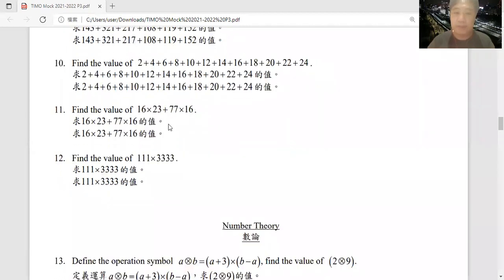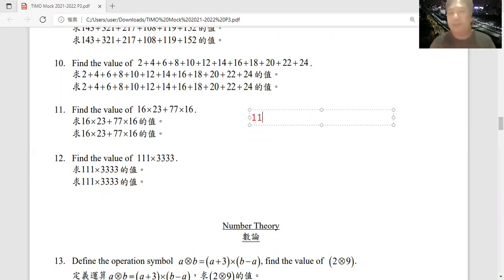Okay, now this one, 111 times 3,333. Actually, you can do it directly, but if one step is wrong, then you will be GG.